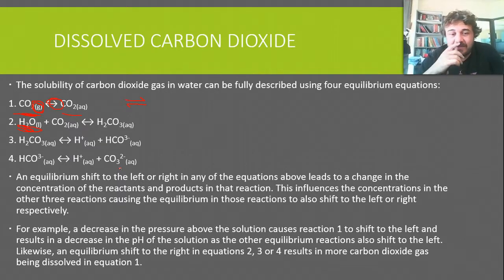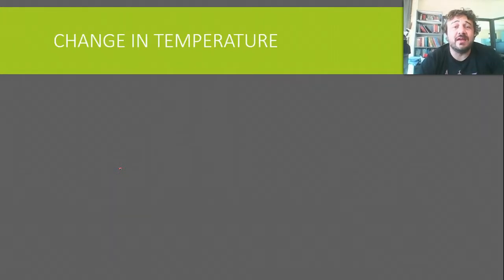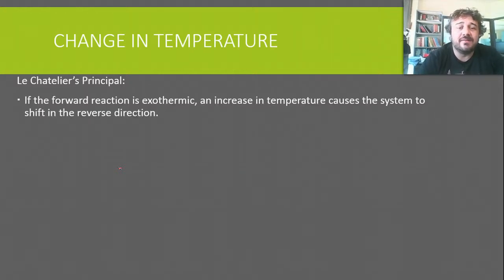Now, we might actually have a look at that in class practically, we'll do a couple more things. All right, so change in temperature. So let's look at the 3 principles, 3 changes according to Le Chatelier's principle that we are focusing on for our unit. So if the forward reaction is exothermic, basically an increase in temperature causes the system to shift in the reverse direction.